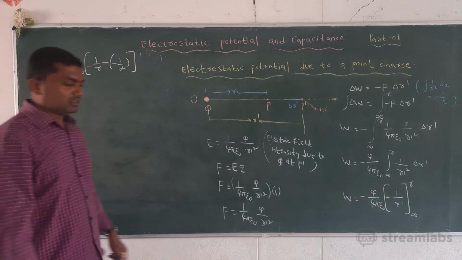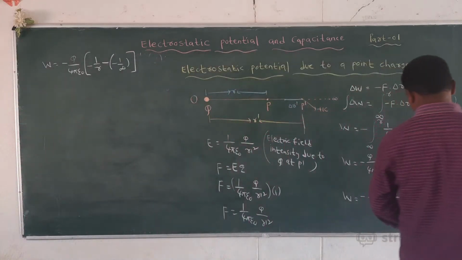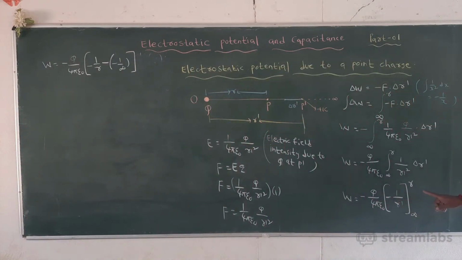Very clearly observe this. We substitute the values of r dash: first the upper limit, which is r, so minus 1 by r, where r dash we take r. Minus of minus 1 by r dash, we take the lower limit, infinity.